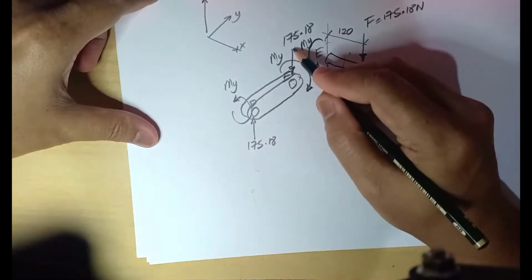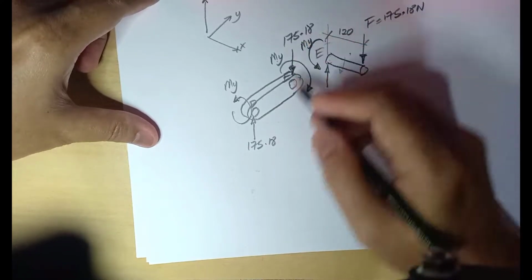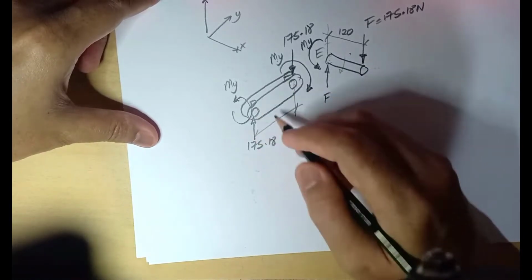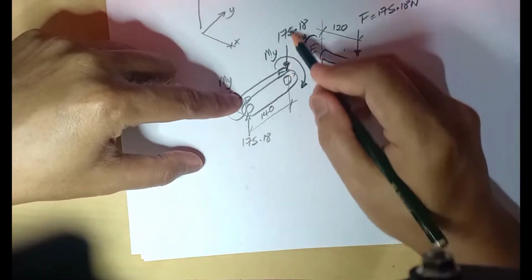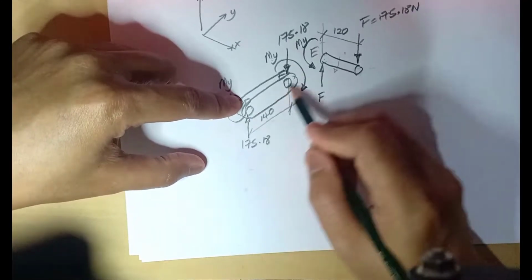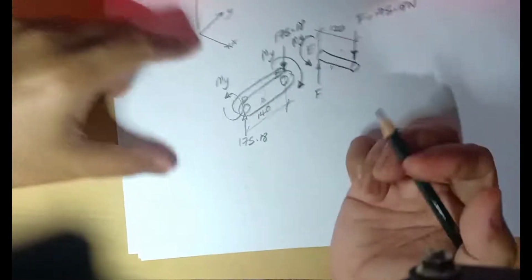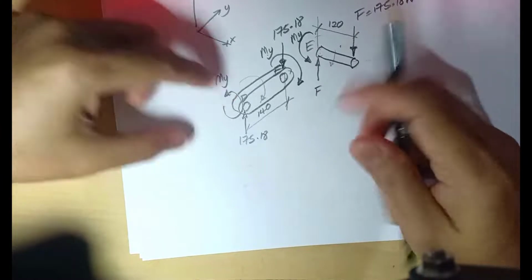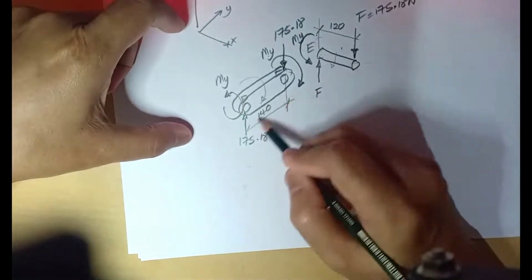Okay, another thing for member DE: since we have a force here, the force is downward 175.18, and the distance of this member DE is 140. So this force, 175.18 times the distance 140, will produce this kind of moment X, in the positive X direction.